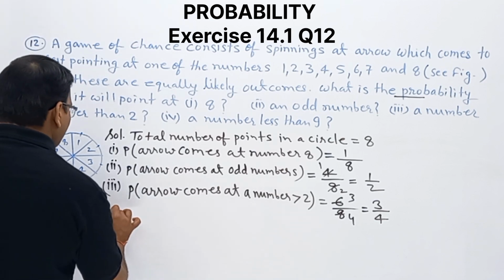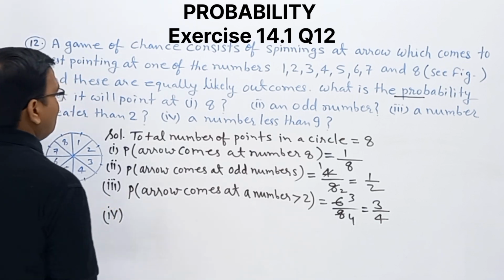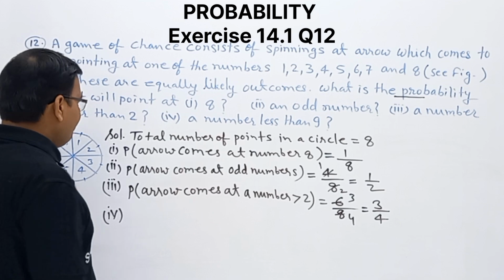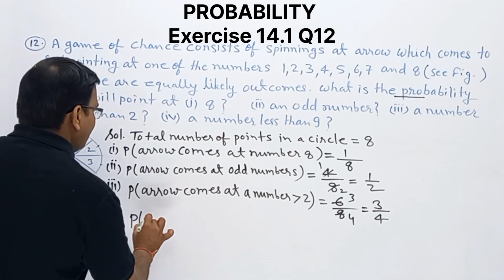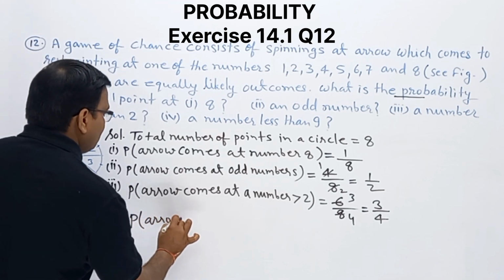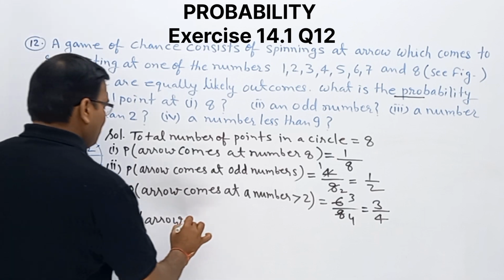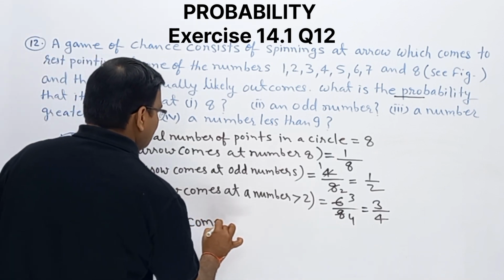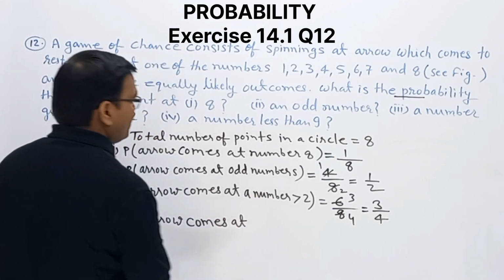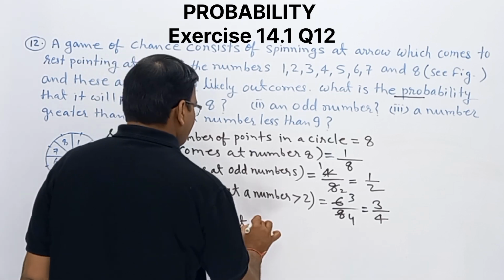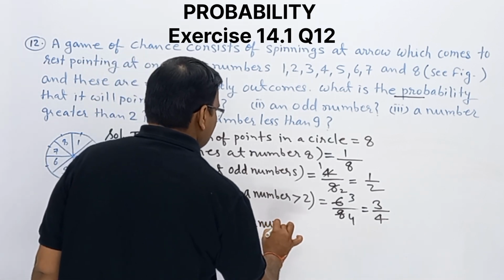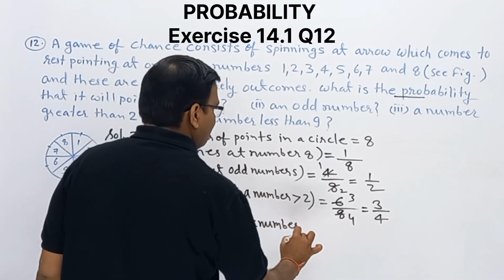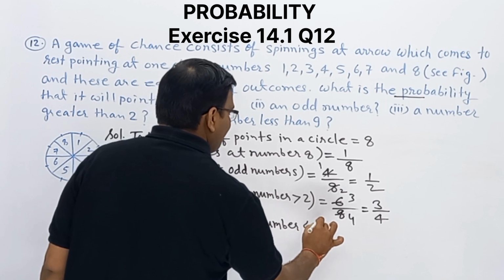Now the last one, the fourth one. A number less than 9. Probability of the arrow coming at a number less than 9.